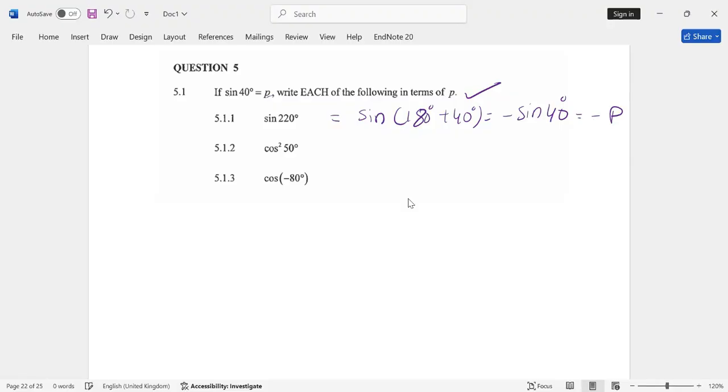All right, and the next is cos square 50 degrees.